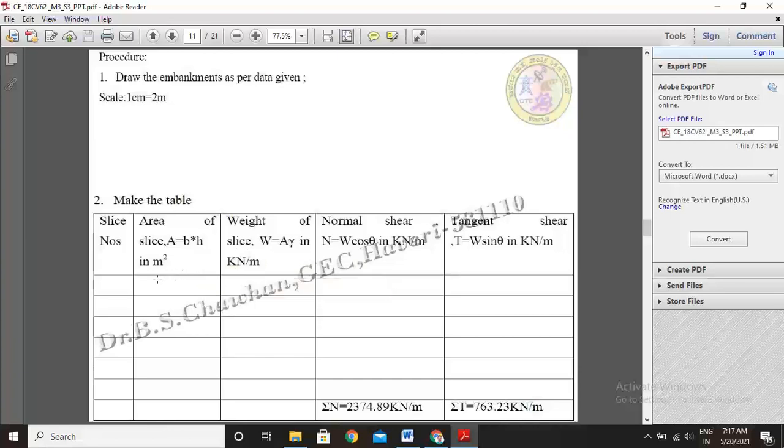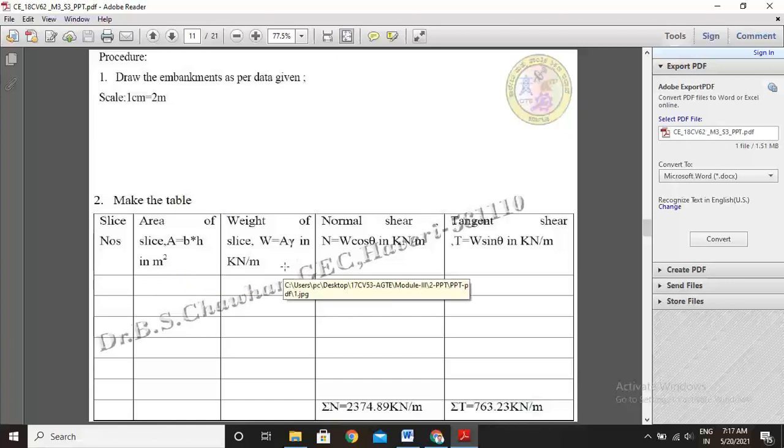Now in the second step, make the table. First is the slice number. For the maximum, you select 8 slices. Then the second column is the area of slice, that is A equal to B into H. Here B is the width of each slice in meters and H is the height of each slice. For the first slice, H is the total height, that is 0 divided by 2. For the second slice, we take the average of the two sides to get H. So that is the area of slice A equal to B into H in meter square.